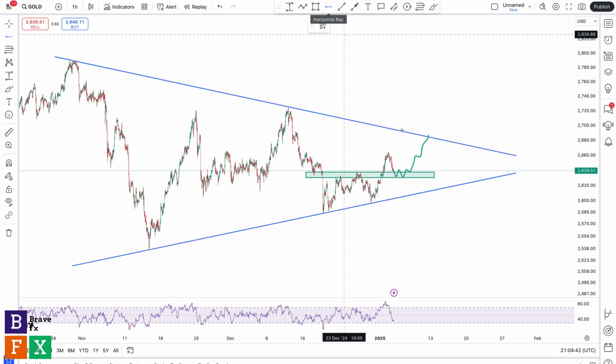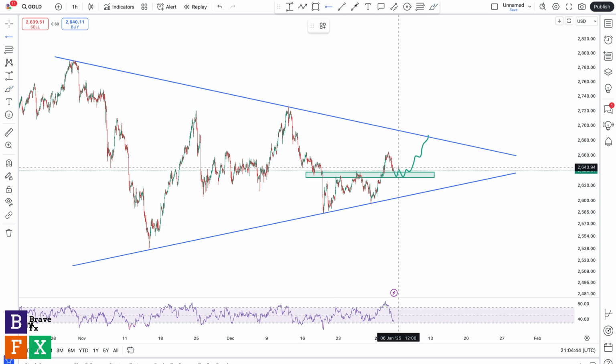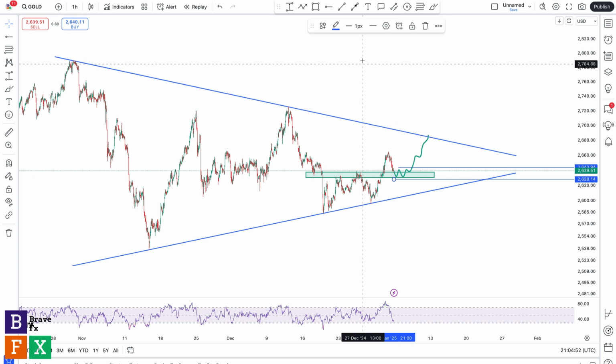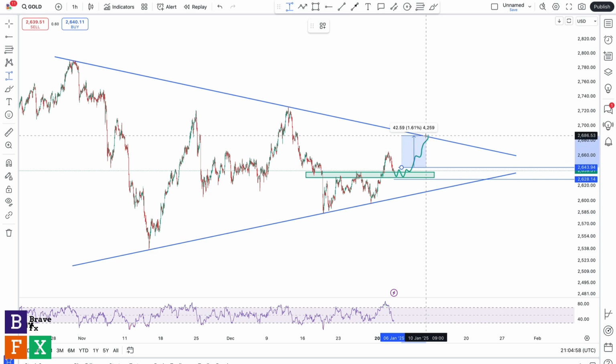So I'm going to go long at a breakout after the retest and the consolidation. Stop loss is going to be underneath the consolidation that's going to lead to the bounce, right? Then my take profit target is going to be around this trend line, and that will be approximately, let's see, 400 pips target. So this is going to be my bullish case scenario.